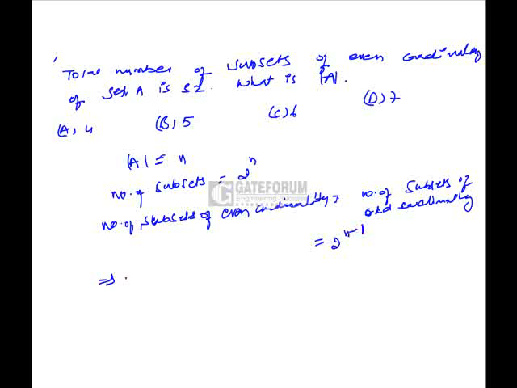So here 2 power n minus 1 is given as 32. It implies n is equal to 6. That means the number of elements in set A is 6. So here the correct option is option C.